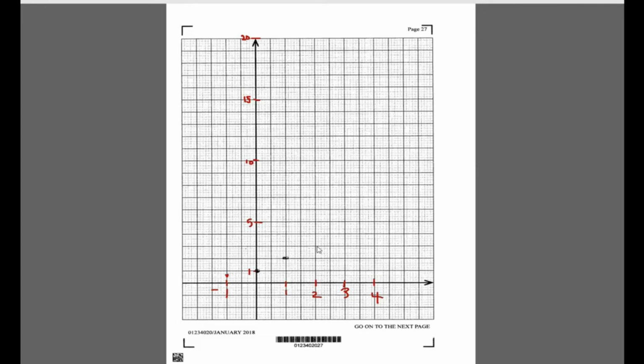When x was 2, y was 4. When x was 3, 2 to the third power was 8. When x was 4, 2 to the fourth power was 16. Y was 16.